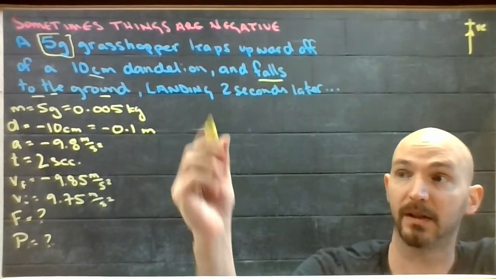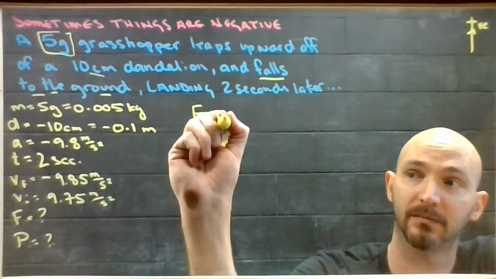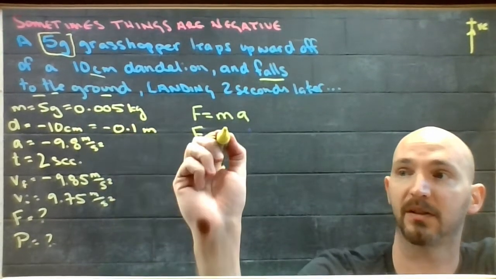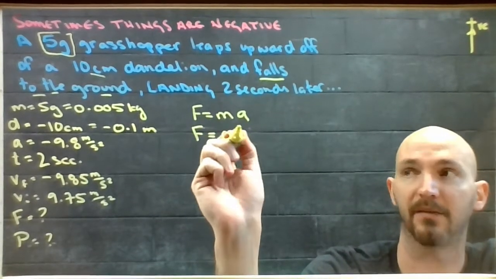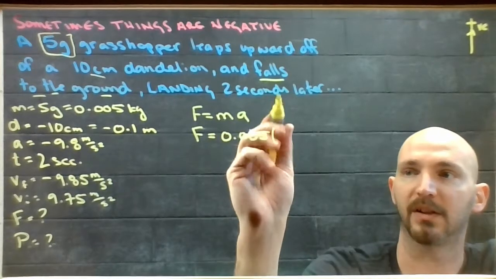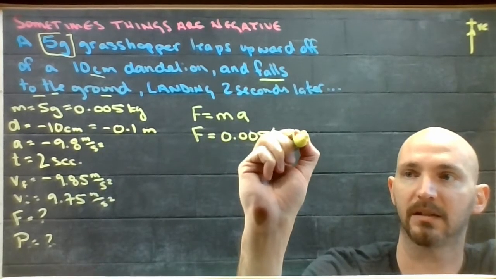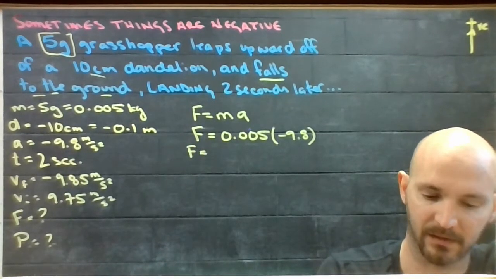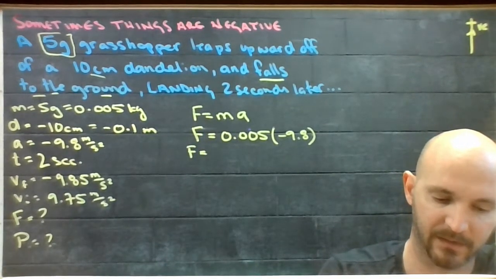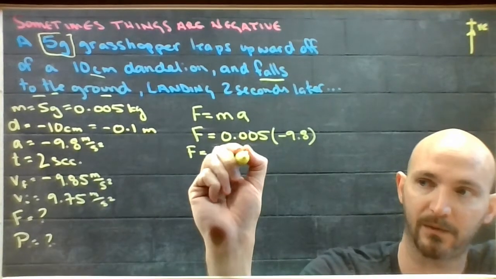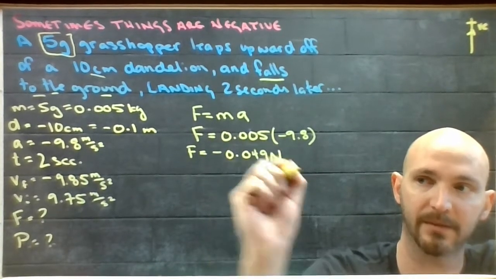Force, as always, is mass times acceleration. So in this particular question, I had a 5 gram grasshopper, so that's 0.005 kilograms, and an acceleration of negative 9.8. Force is 0.005 times negative 9.8, which is negative 0.049 newtons.